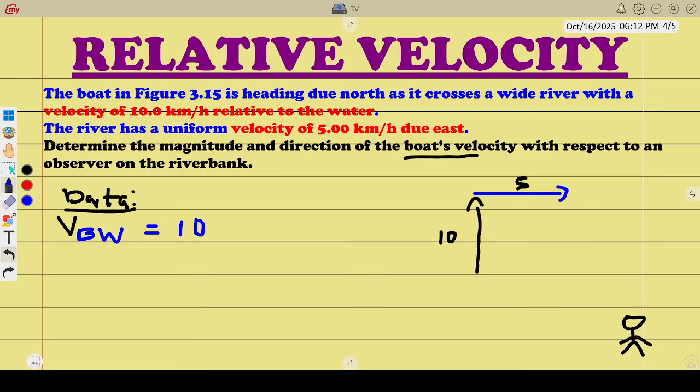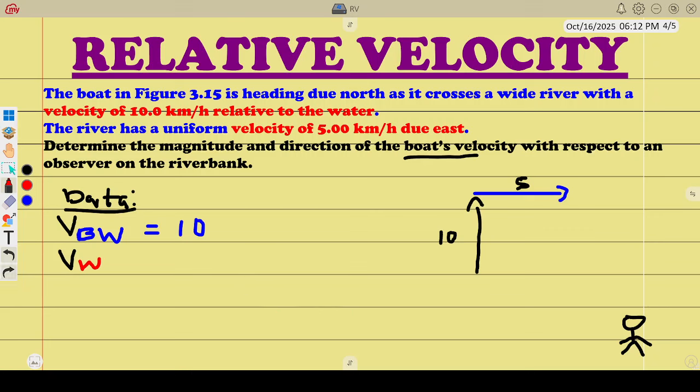And then we also have the velocity of the river, which is the water. So the velocity of the water. So they have even told us the water is relative to what? If you have a river, under the river we just have the earth, the ground.